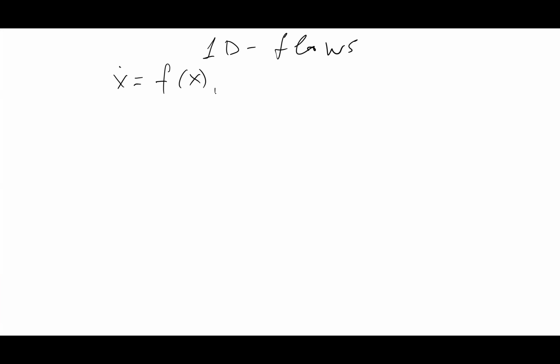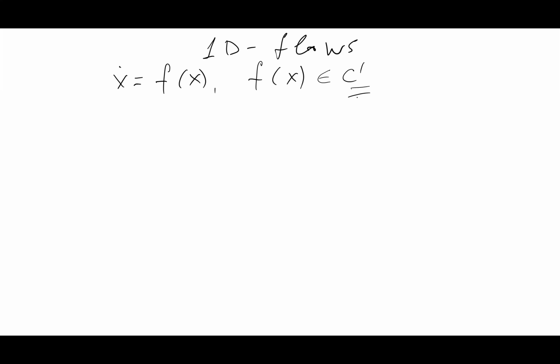Now, I never put it before, but we should use certain conditions for the flow generating function f. For example, it should have at least a first derivative, and this first derivative should be continuous. We put it like this, C1.